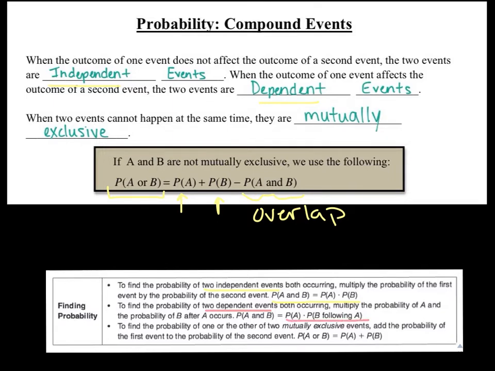Again, it'll make more sense with some examples. And finding the probability of one or the other of two mutually exclusive events, you add the probability of the first event plus the probability of the second event. That's for your or.